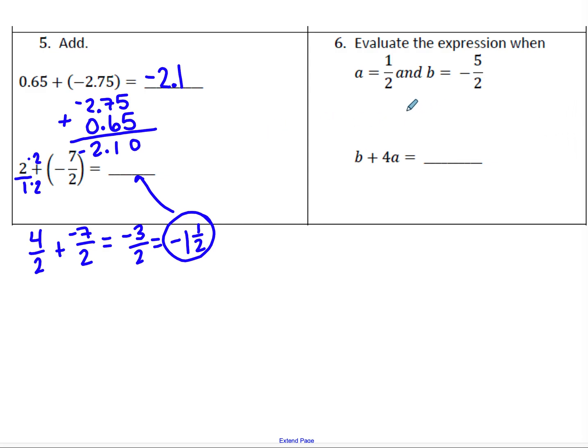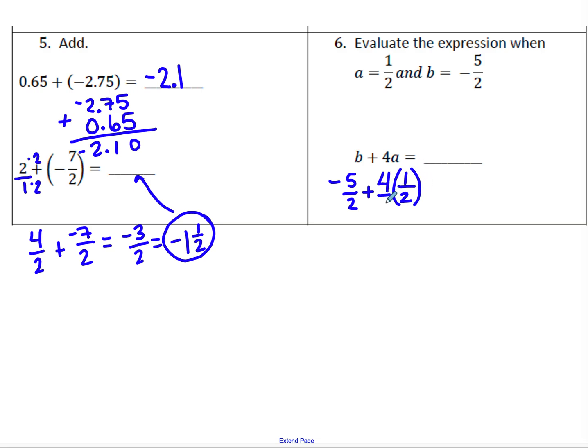All right. Number 6, evaluate the expression when A equals 1/2 and B equals negative 5 halves. And our expression is B plus 4A. That means 4 times A. Okay, so let's go ahead and put this one in. So B was negative 5 halves, plus 4A means 4 times 1/2.